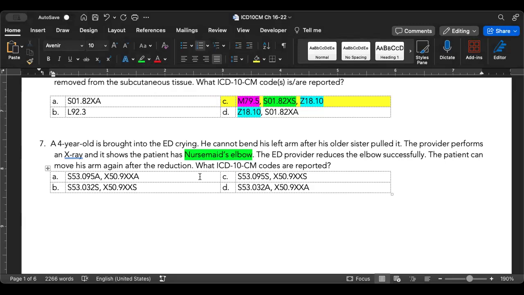S53.03. Yep. So let's go look at S53.03 and see if it needs laterality and all the good things. Okay. So what's our 6th character for our laterality?